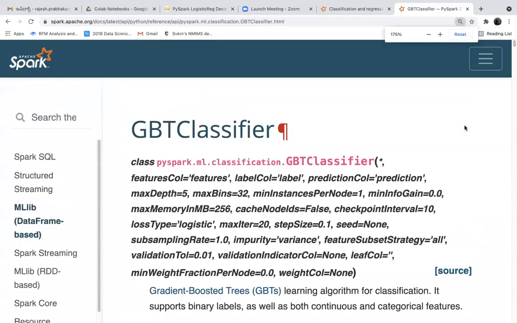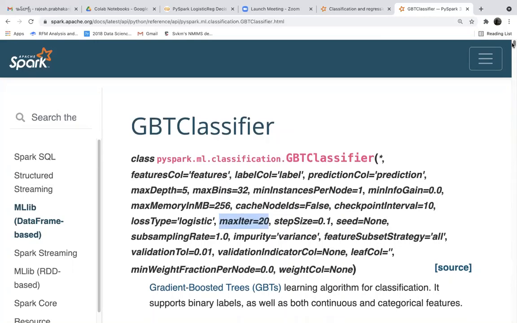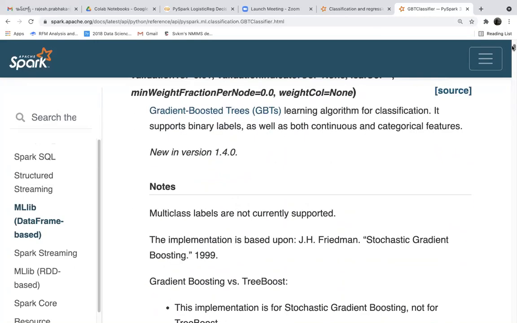So if you see here, features col, label col, prediction col, max depth, max bins, min info gain, max memory, cache node IDs, checkpoint interval, max iterations is 20, loss type is logistic, impurity is variance, feature subset strategy all, validation indicator col none. There is no early stopping here. So it will only stop after building as many trees as you specified.